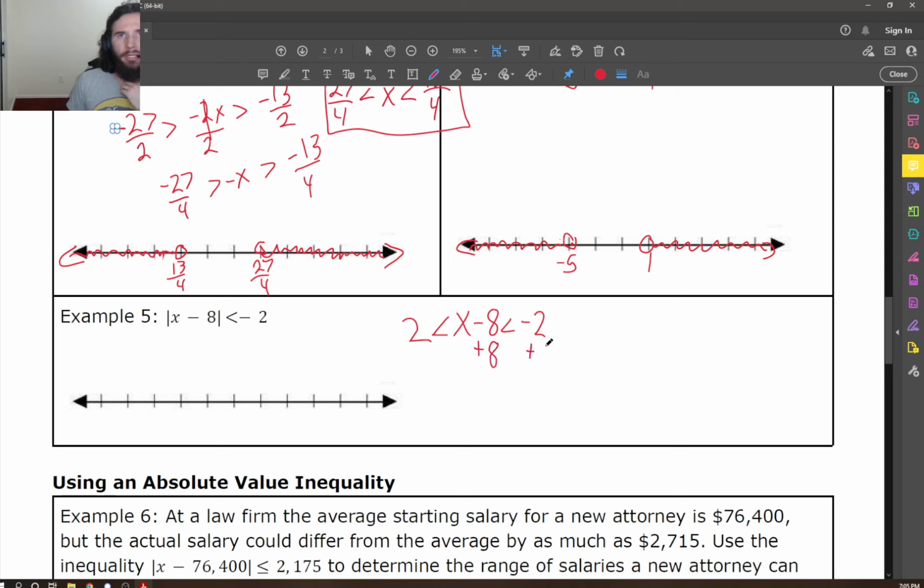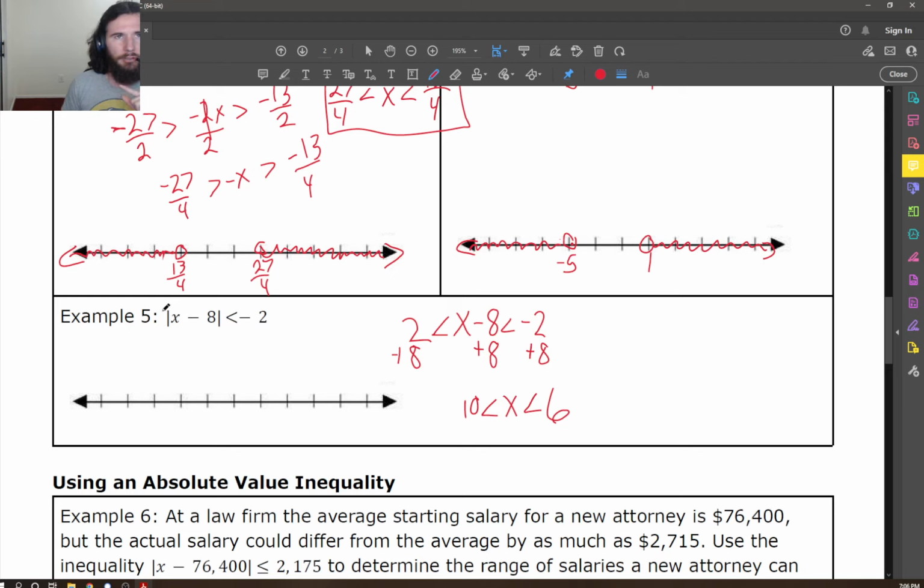Let's try working it out, see what happens. So x has to be greater than 10. Whoops. X is greater than 10 and less than 6. But this is weird. Can't be this.